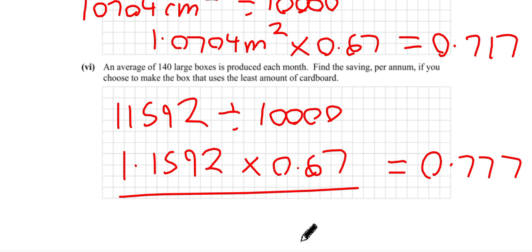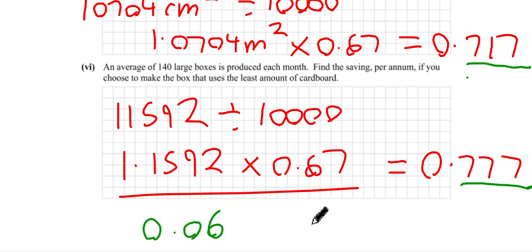Alright guys. Now, please remember this is in euro. This one costs 71.7 cents. This one costs 77.7 cents. Which one's dearer? Which one's more expensive? So take them away from each other and guess what you get? 6 cents. You're saving 6 cents a box.